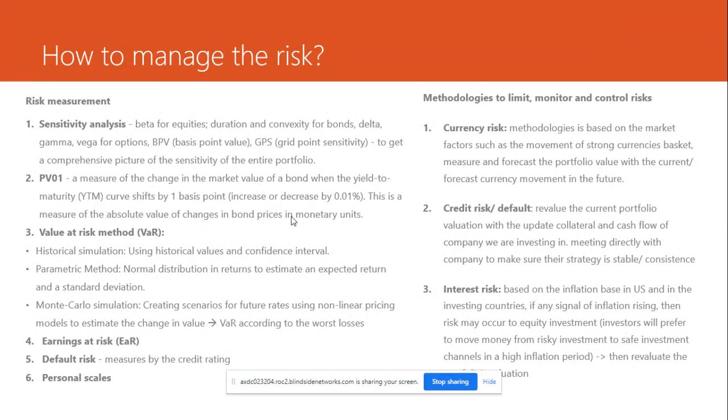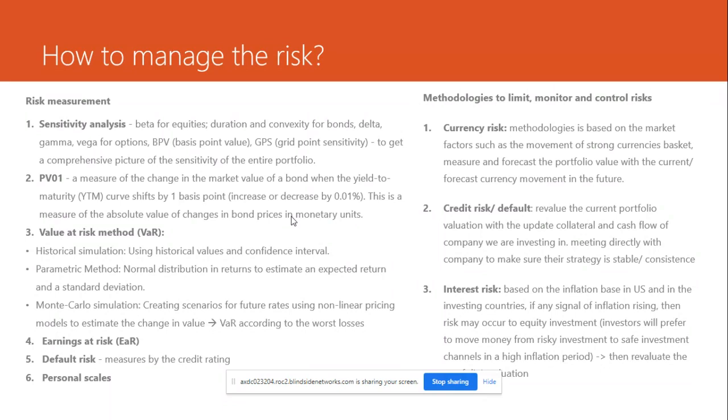So how can we measure and manage these risks? There are a few methods to measure the risk, such as sensitivity analysis, VaR, and default risk, and to monitor and control these risks, it depends on which risk they are.